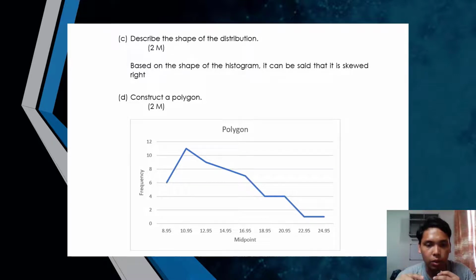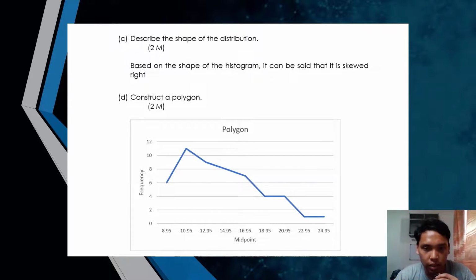frequency 9, midpoint 12.95, frequency 8, midpoint 14.95, frequency 7, midpoint 60.95, frequency 4, midpoint 18.95, and frequency 4 also, midpoint 20.95.